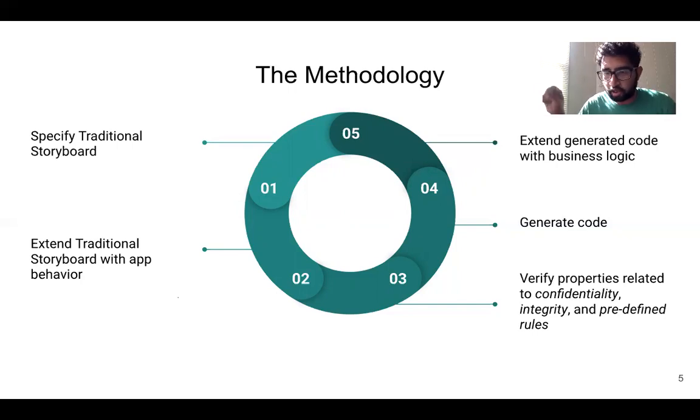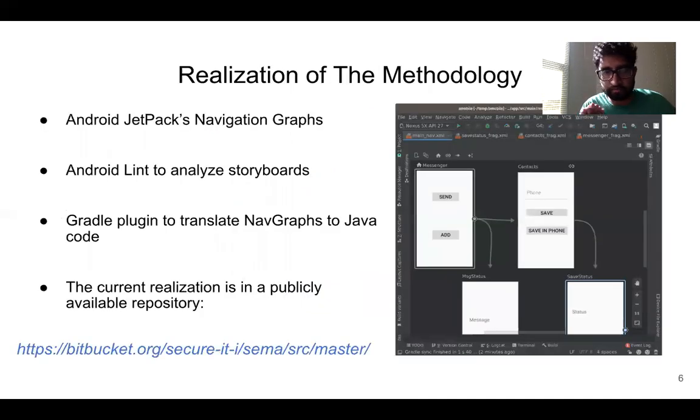And then the developer can verify those properties in the app's storyboard. If those properties are verified, then it's fine. Otherwise, the developer will be told where to fix them. And once everything is good, the developer can generate code and extend the generated code with business logic as well.